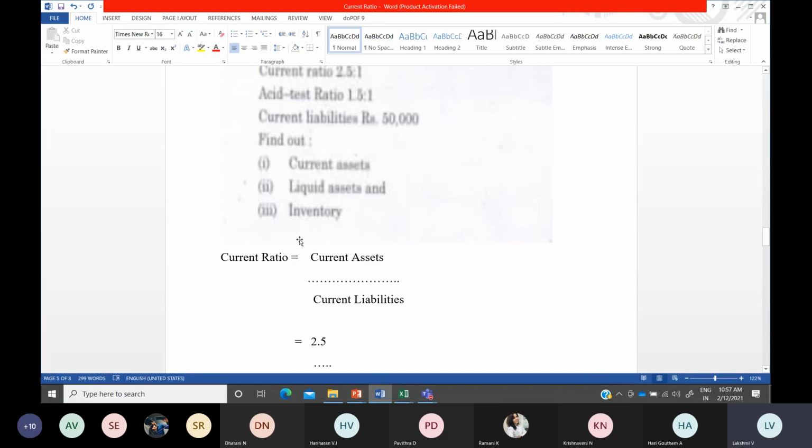We have to think a little logically. In current assets we include stock and prepaid; in liquid assets we exclude them. Since there is no prepaid here, to find the value of stock, the third subdivision, current assets minus liquid assets gives me the inventory. Okay.